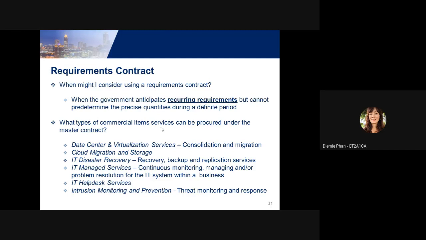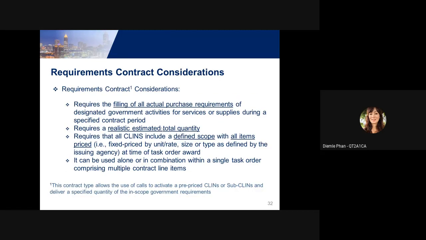What types of commercial item services can be procured under the master contract? There's a spectrum of them, right? The services could be cloud migration, storage, your basic IT help desk services, disaster recovery, managed services, even data center consolidating and migrating. Alliant can fully support any of these IT services.